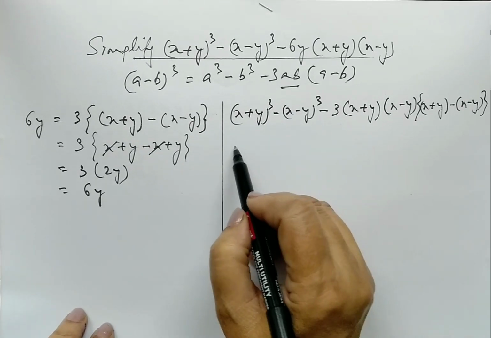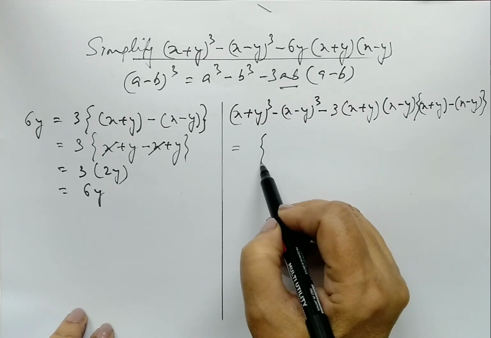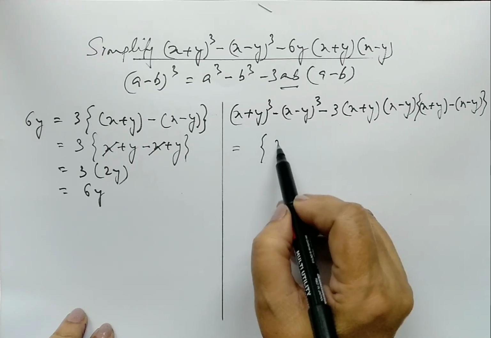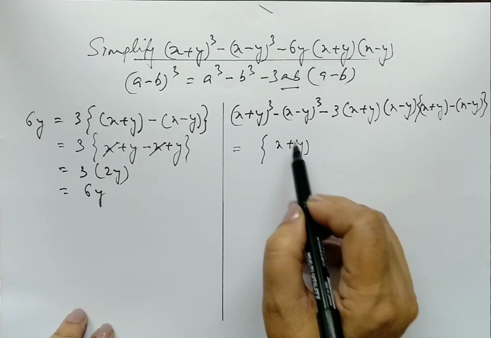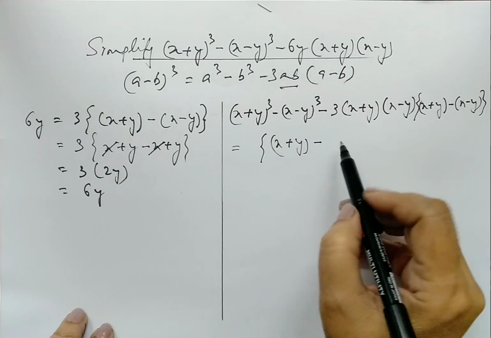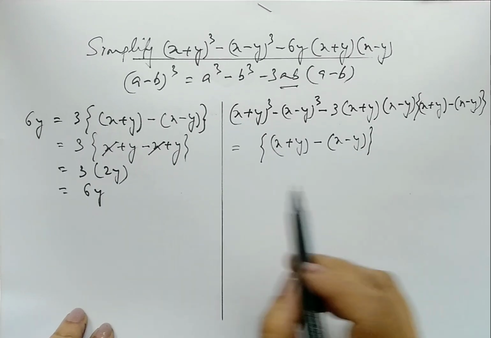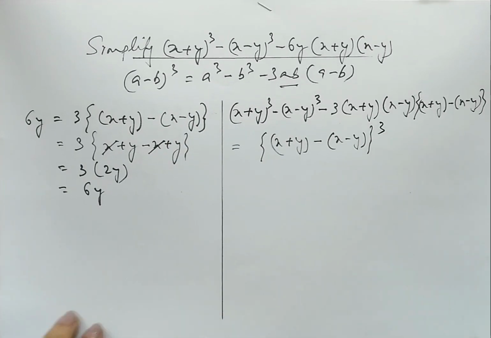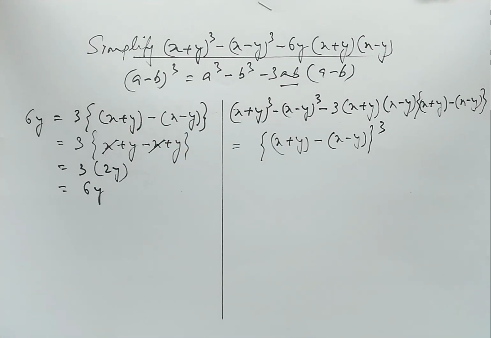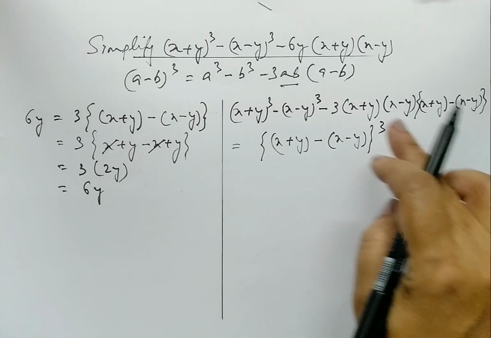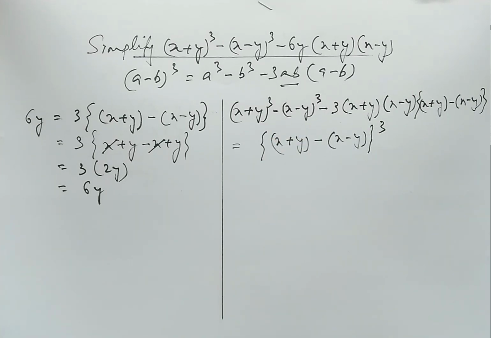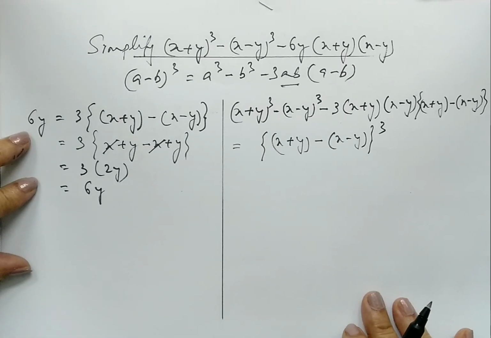So our next step would be this a minus b, remember guys, and this is the cube. This entire thing is equal to this. Got it?